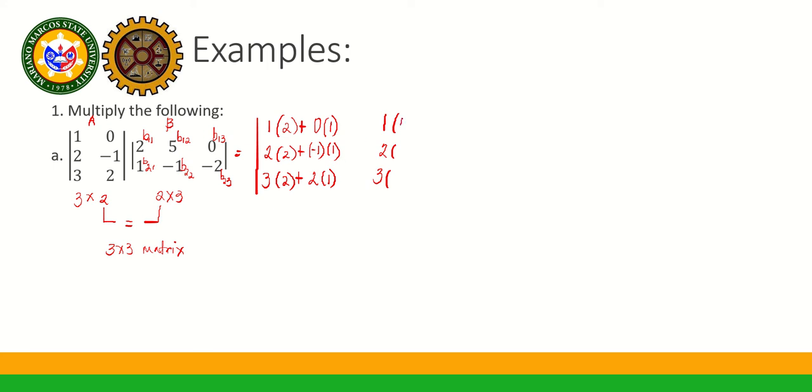So this will be equal to 5 and then 5 tapos 5. And we add again yung elements ng second column ng matrix A natin. Multiplied by B22. So, multiplied by negative 1, and then negative 1.